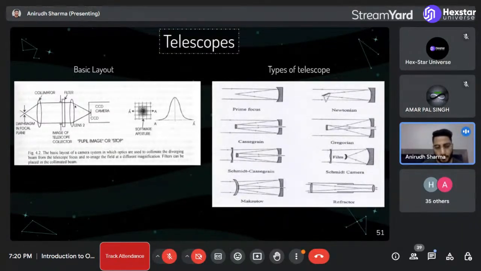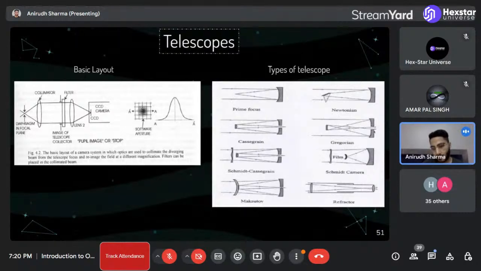But the lens is not the only way to go for a telescope. There are multiple ways. There is a way in which you use a spherical mirror, and then there would be an image forming with the magnification. Then there is a Newtonian telescope in which you again use a spherical mirror, but you use another mirror so that you can observe the image somewhere else.